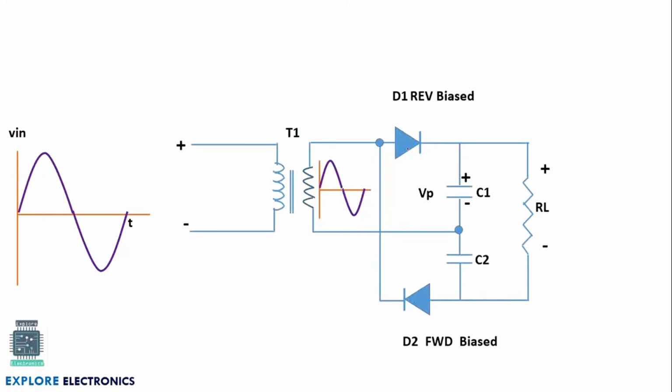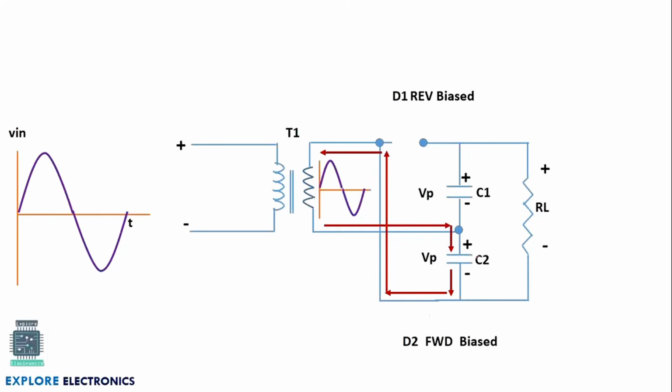In that situation, D1 becomes reverse biased, and we can treat it as an open circuit. At that time, D2 becomes forward biased, and that will make the circuit closed. In this scenario, the current will flow in this direction to C2, and C2 will be charged to the peak value of the voltage. So C2 gets charged in this direction.